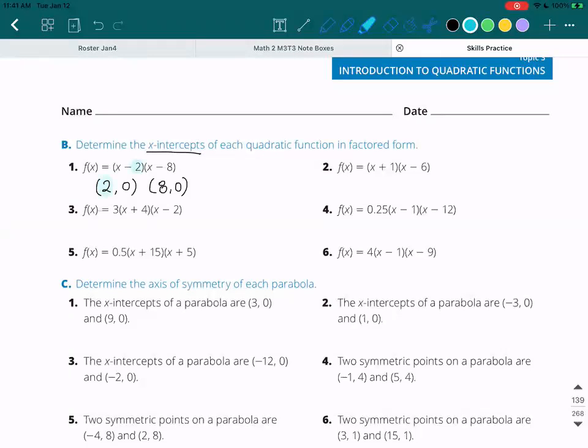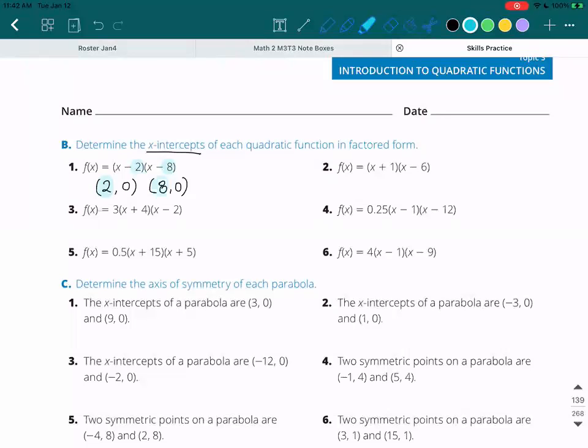It's a minus 2, so you make it a positive 2. This one is a minus 8, so you make it a positive 8. And of course, these are points. Your x-intercepts are points, so you make them in coordinate form. So 2, 0, 8, 0. All right, so those are your x-intercepts. I'm going to pause the video, give you guys a chance to ask questions or write it down.